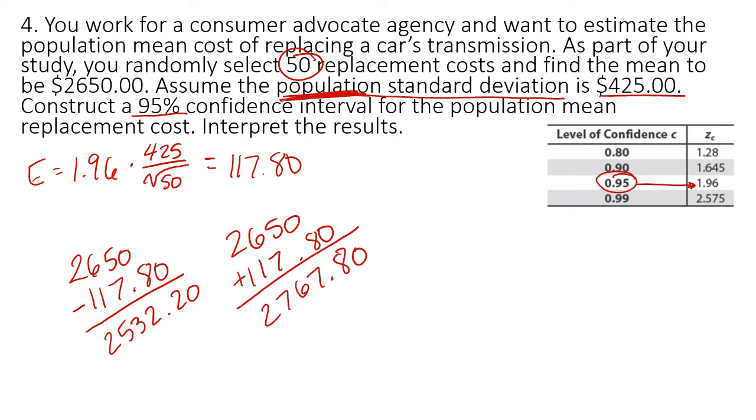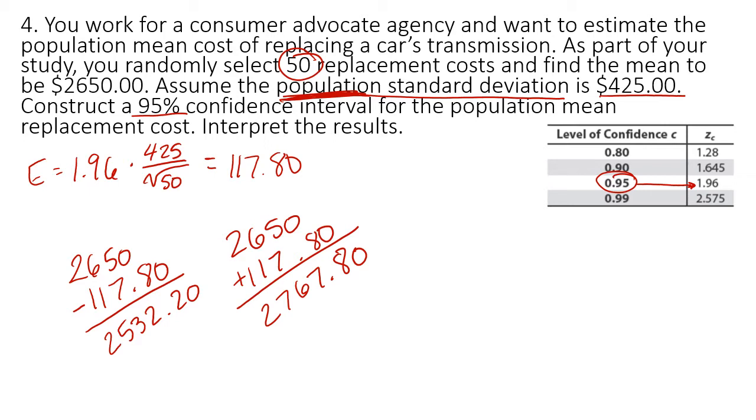So that means with 95% confidence, we can say that the population mean price for replacing a transmission in a car is between $2,532.20 and $2,767.80. Again, I started off by saying we can be 95% certain that, because here the words mean something.